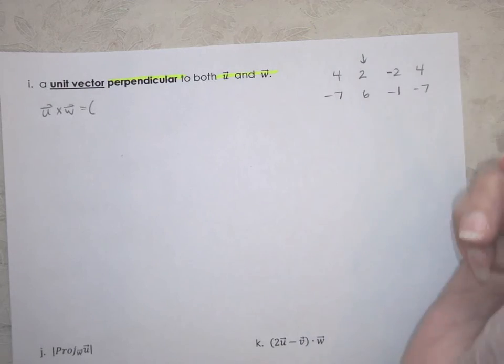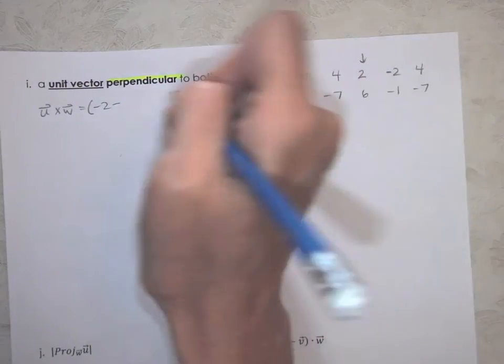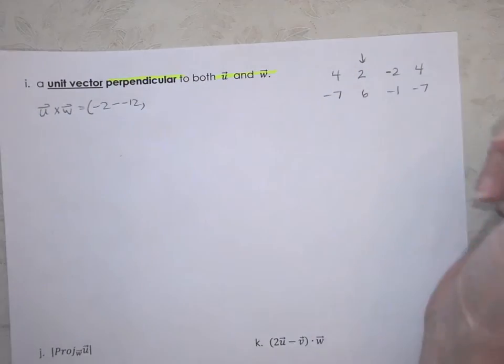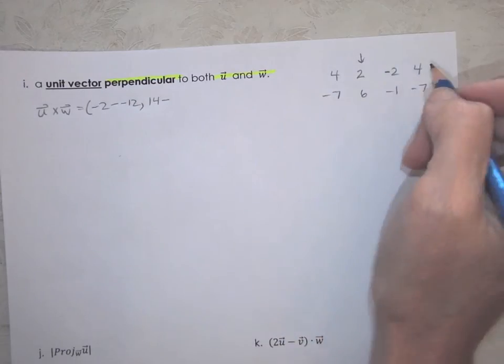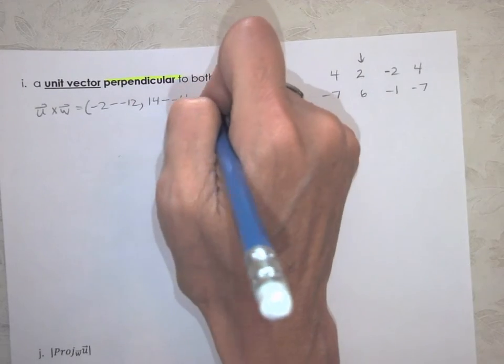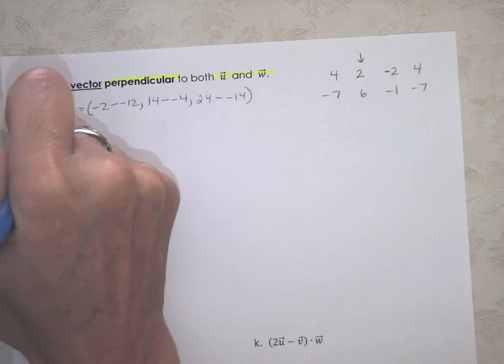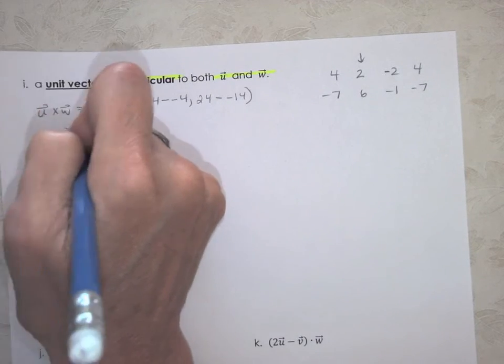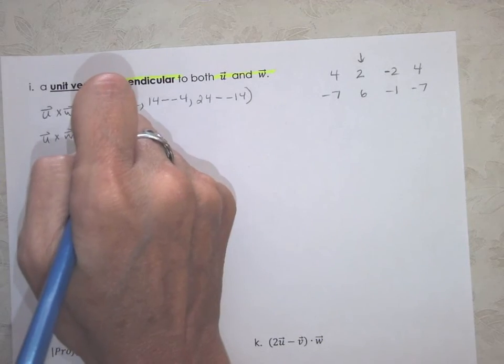Start here. So vector u cross w is going to be negative 2, subtract negative 12, 14, subtract negative 4, 24 subtract negative 14.